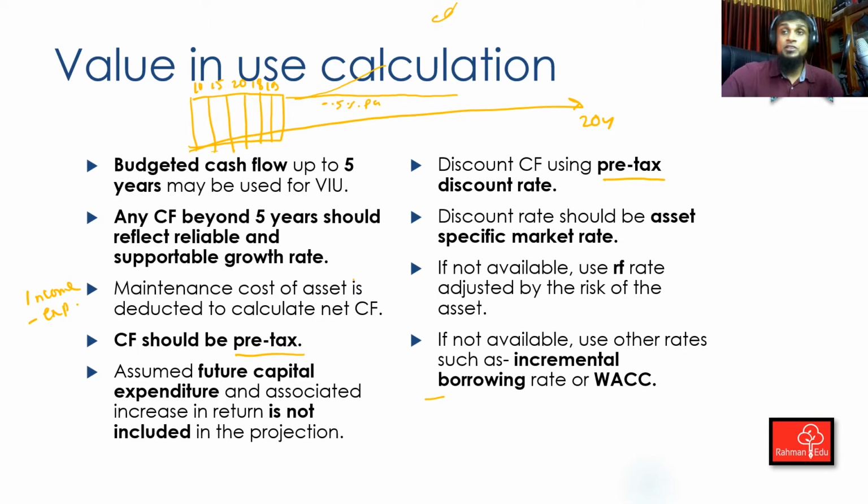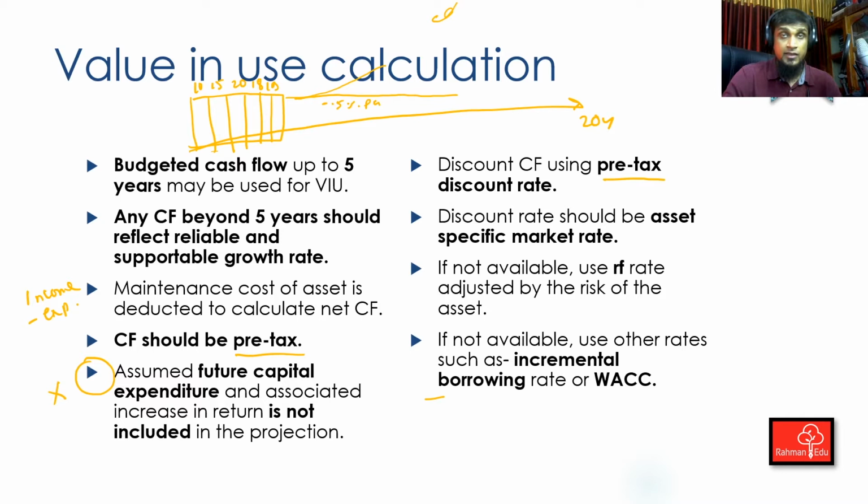Now, the next point is very important. You are making a projection over the next 5 years, and you expect to make a big capital expenditure after 3 years. You can't take that capital expenditure. So future capital expenditure? No. Then an increase in revenue because of future capital expenditure? No. After 2 years, I will construct another 3 floors of my building, so my rent income will be much higher.